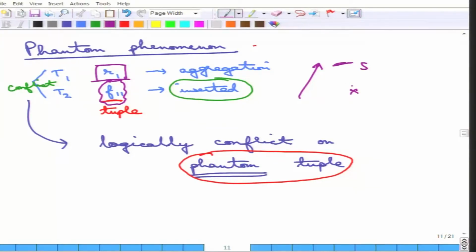So insertion is essentially an X lock, but this is already locked in a shared mode, so it cannot get an exclusive lock on it. So the solution is the multiple granularity locking that we saw earlier, but this is just to highlight that this is one of the very hard, interesting problems to catch. So this is the phantom phenomenon.